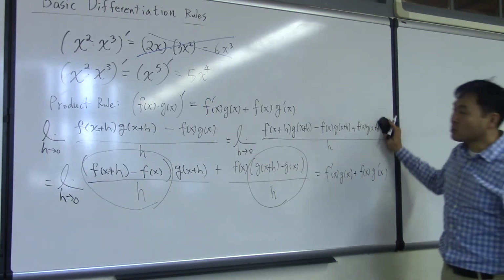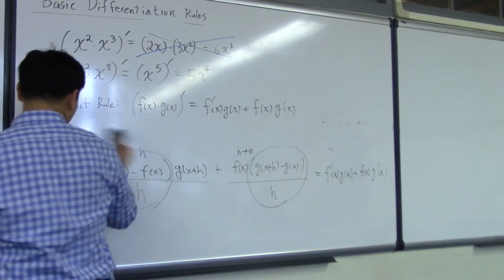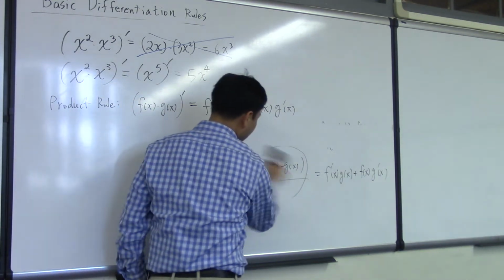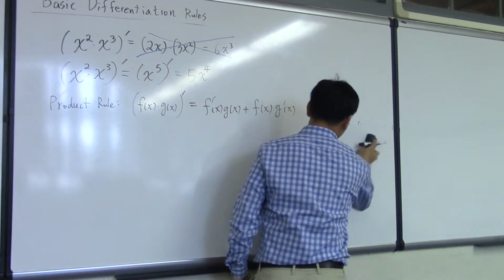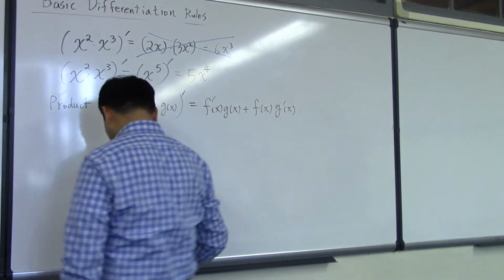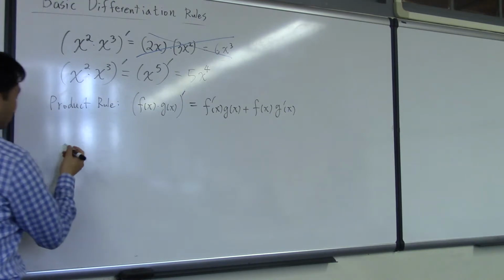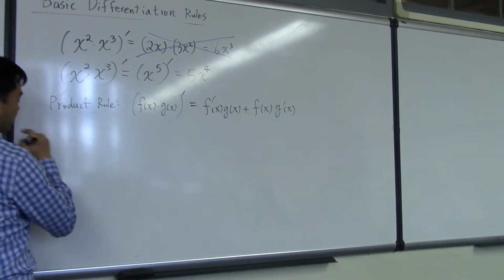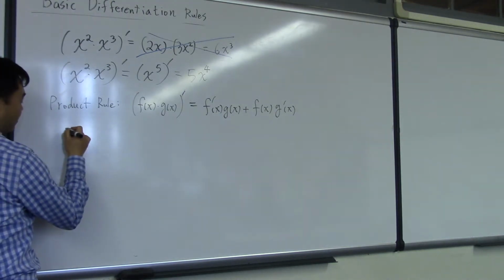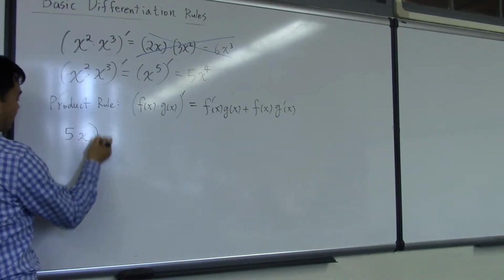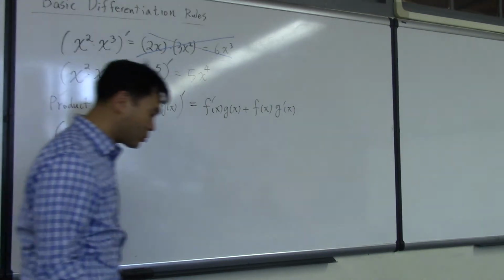Okay, so in order to go back to a question that was asked, let me point out how to handle the following question. Suppose we have like 5x prime. Suppose we have this.